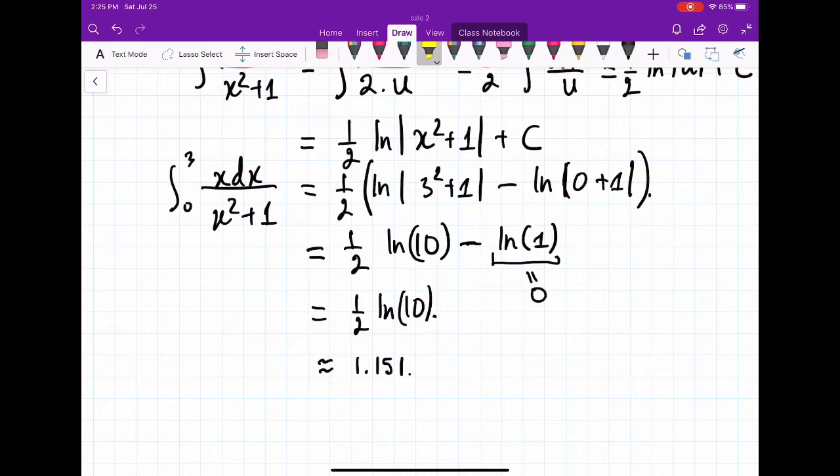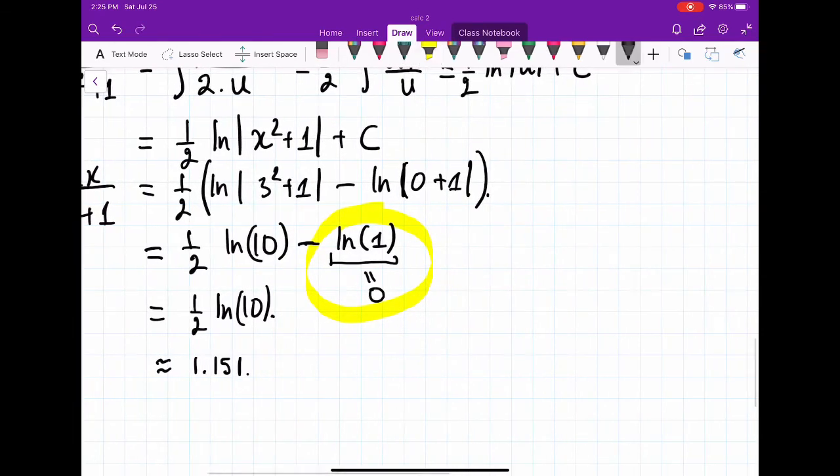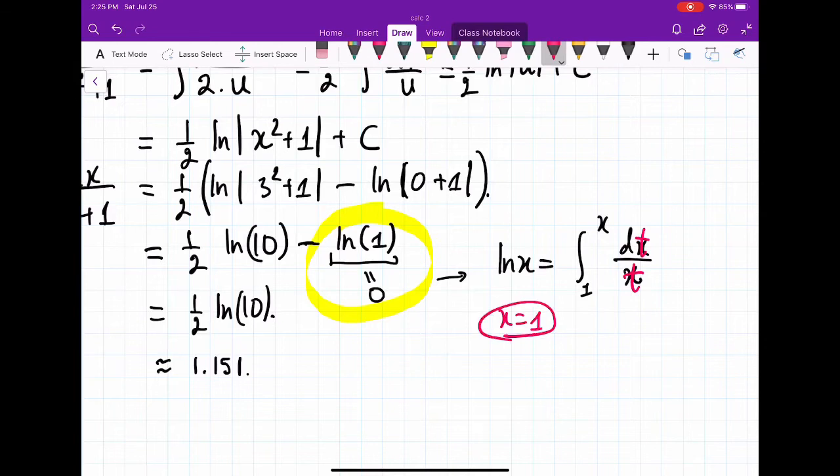So that's how we can solve such a problem. But why is ln of 1 equal to 0? Do you remember that? Let me remind you. Because we have ln of x is the integral from 1 to x of dt over t. So when x equals 1, you evaluate the integral from 1 to 1. That means you get 0.